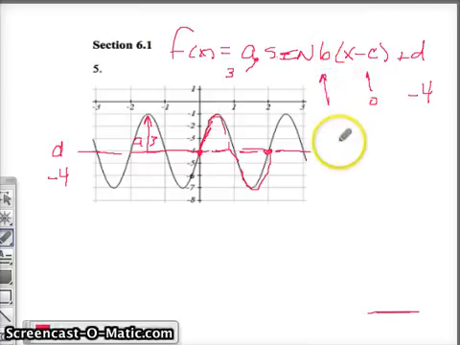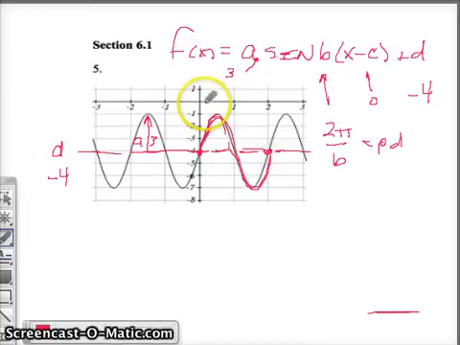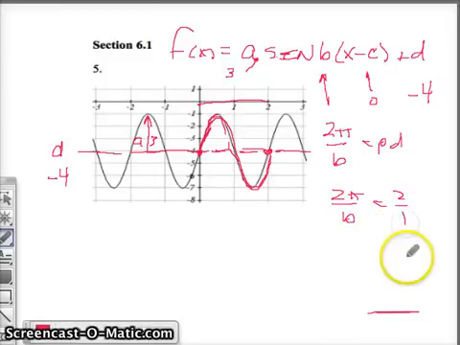Now, remember, 360 or 2 pi over b is equal to the period. Now the period is, I could tell, one whole wave takes how long? From here to here, which is 2 units. So 2 pi over b is equal to, can I say it 2 over 1?